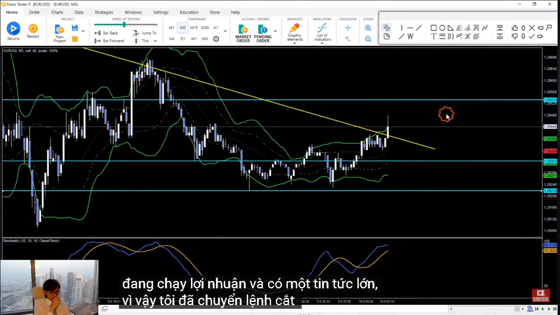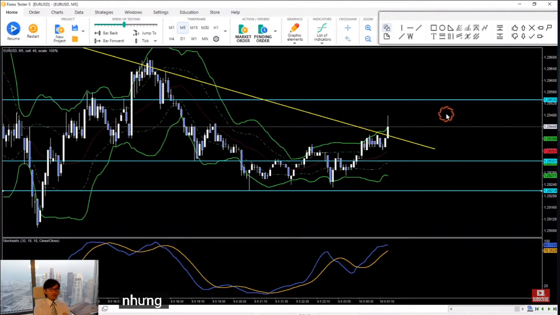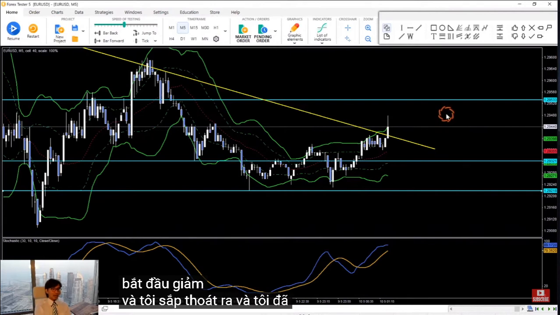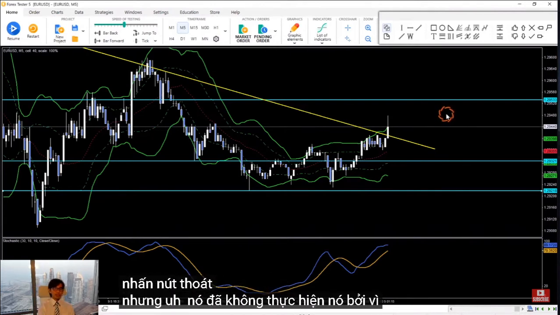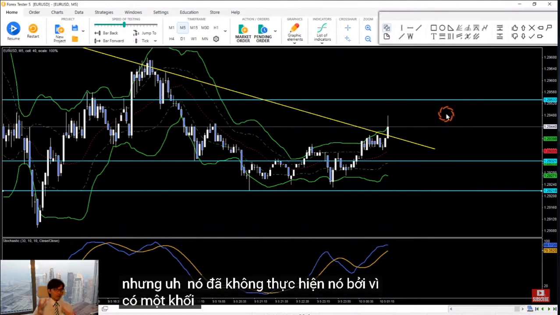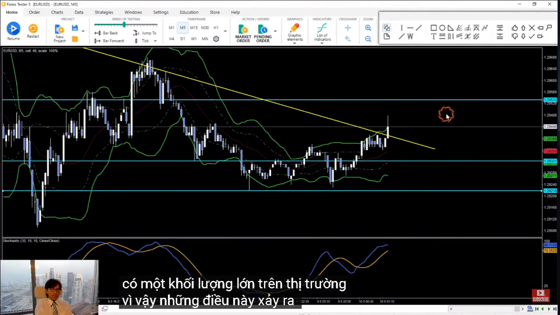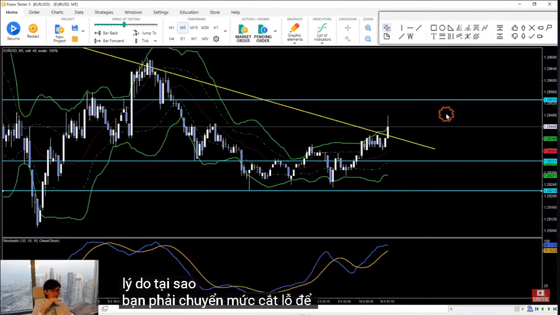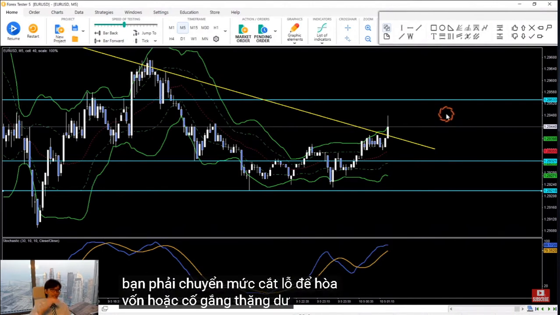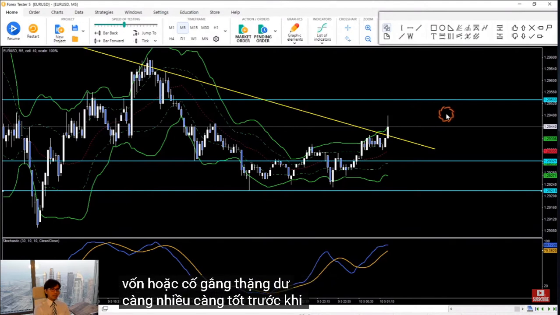I had already moved the stop loss to break even, but due to the big news, the market started to shoot down, and I was pressing the exit button, but it didn't execute because there was high volume in the market. So these things happen. That's why you have to move the stop loss to break even or trail the stop loss as much as possible before these big events happen.